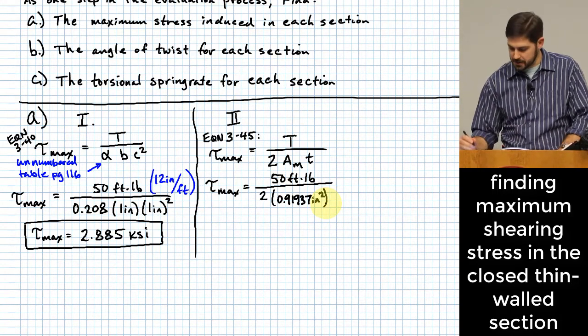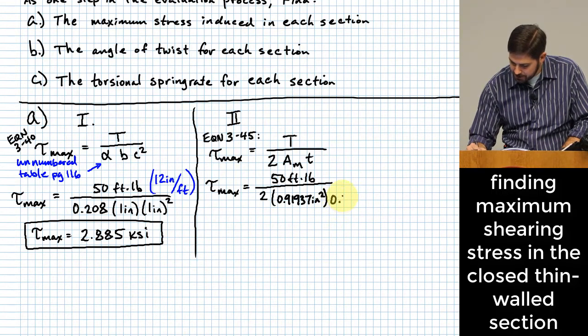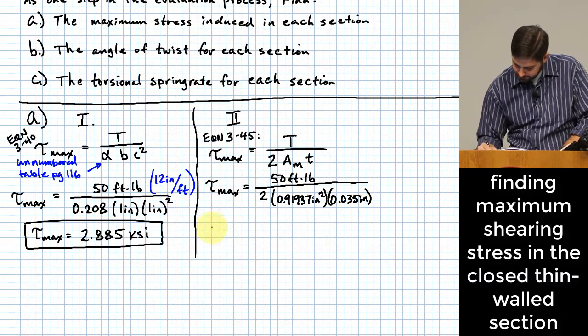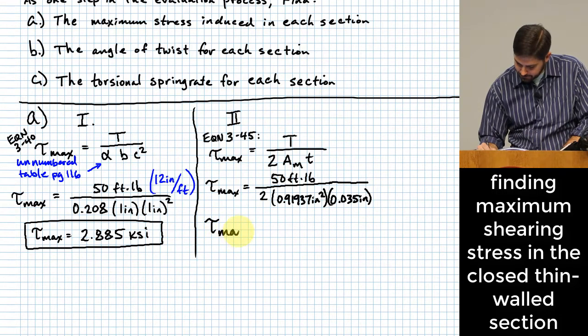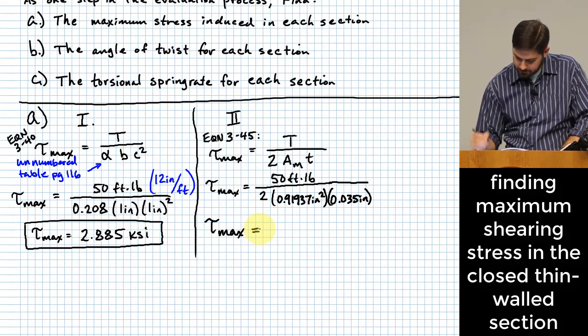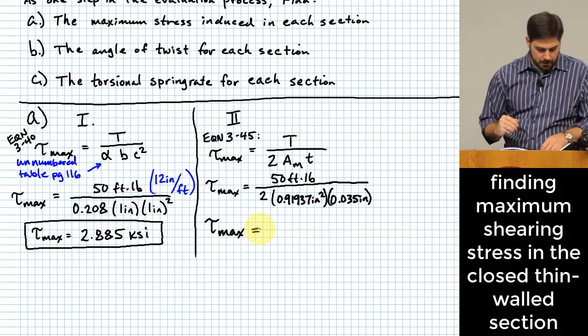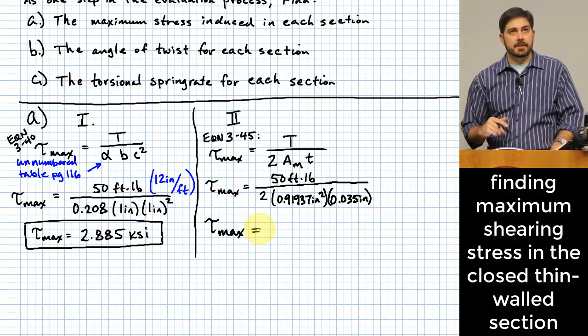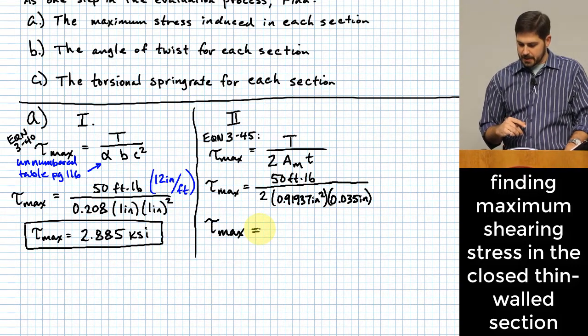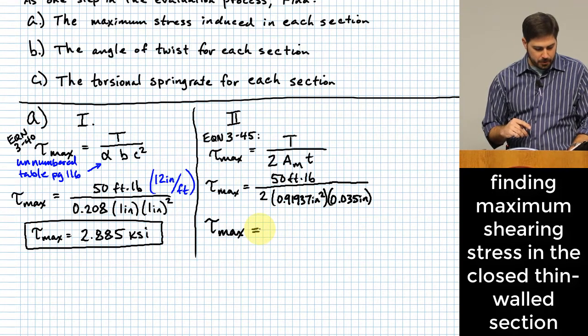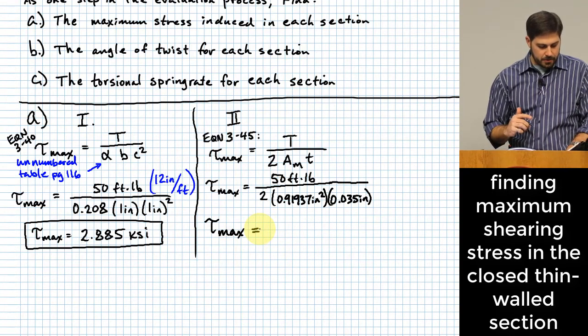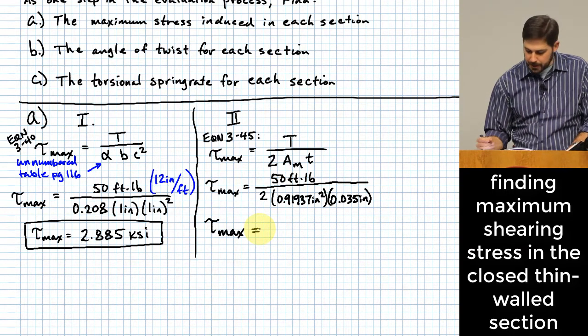Okay, and the wall thickness is 35 thousandths of an inch. So my maximum shearing stress then in the closed hollow cross section with the rounded corners is going to be 9.323 KSI.